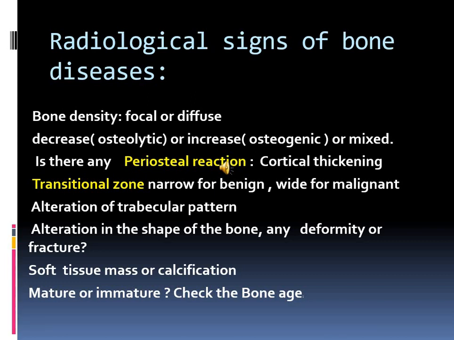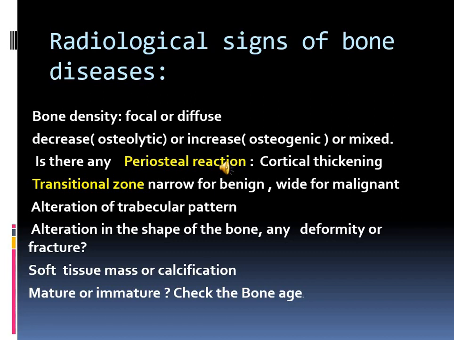You should also notice if the density is high or low. I mean, if there is any decrease in the bone density, we can describe it as osteolytic, or it could be increased and described as osteogenic. Sometimes we have a mixture of both of them, and we say there is a mixed component of both osteolytic and osteogenic lesion.